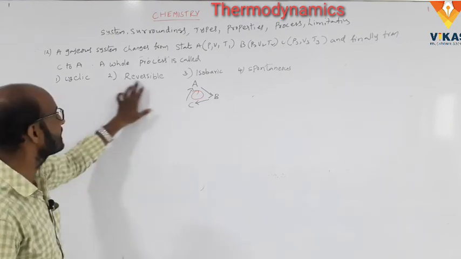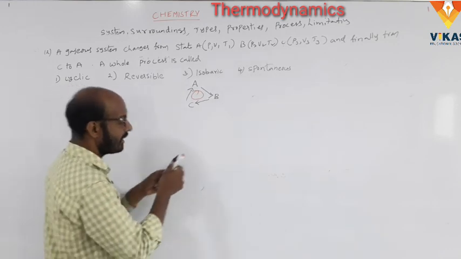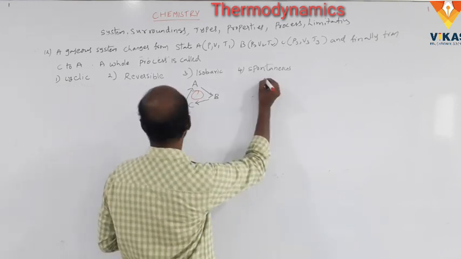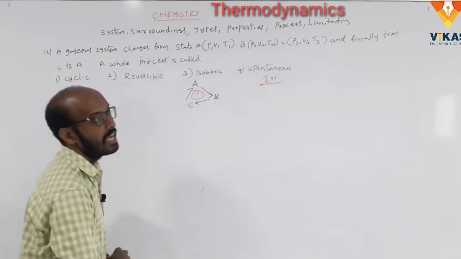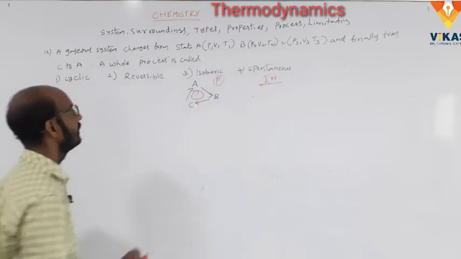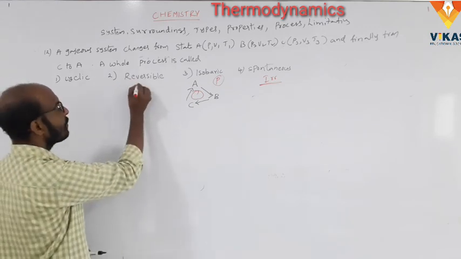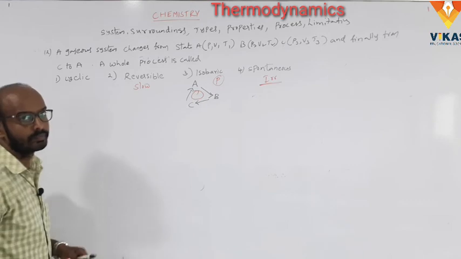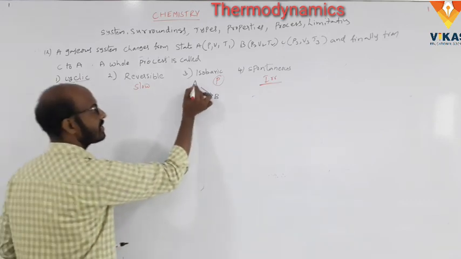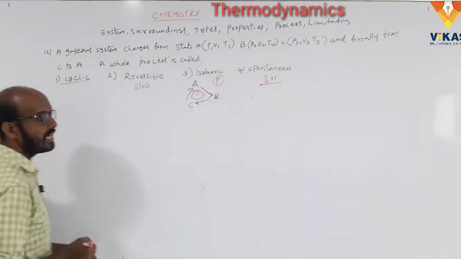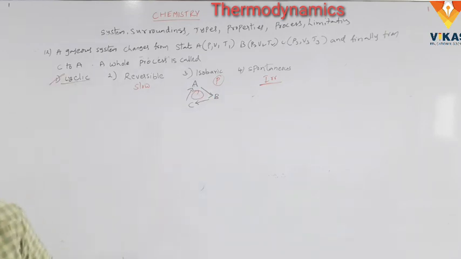The others: the spontaneous process is an irreversible process, isobaric means pressure is constant, and reversible is a slow process. A is the initial state and finally we get back the initial state A, so the answer is option 1, cyclic process.